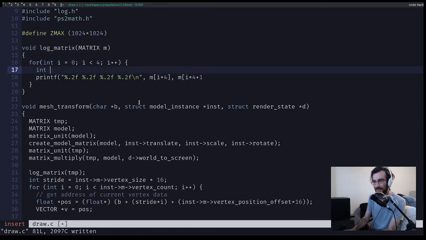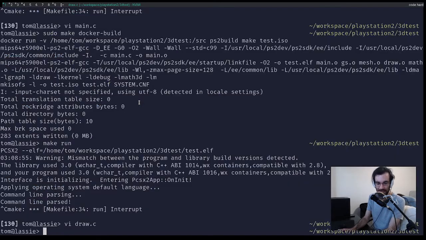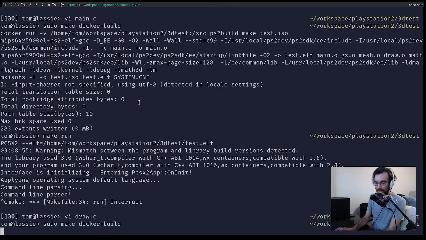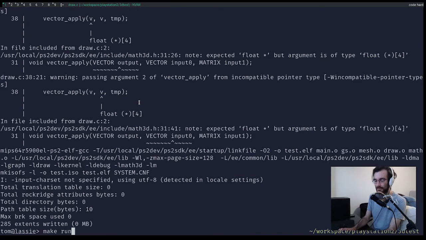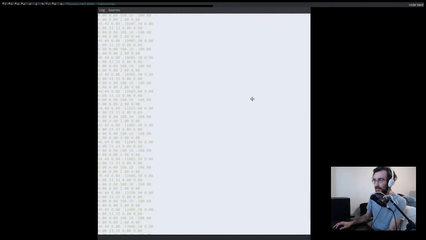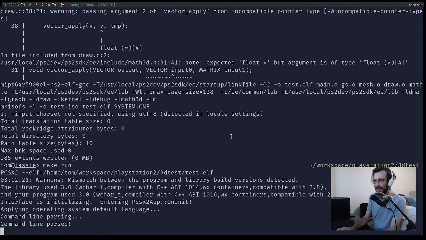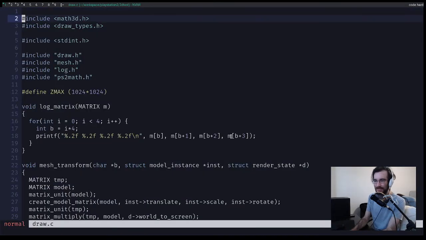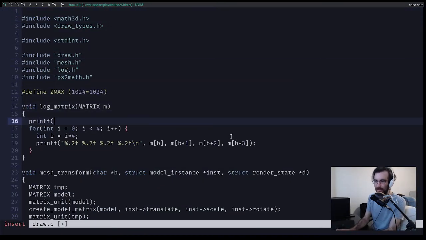Let's remember this somewhere. Base equals m I times 4. Let's just call it b because typing sucks. So m b, m b plus 1, m b plus 2, and then m b plus 3. I should probably actually mark where it starts as well. That was a bit silly of me. Okay, so printf.